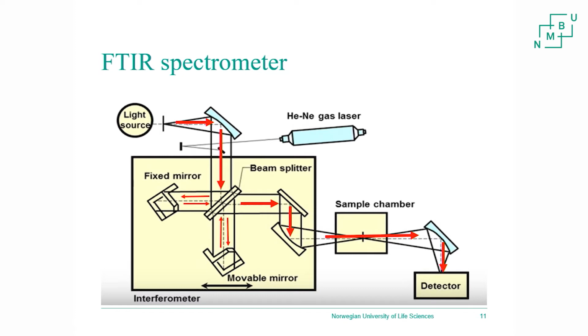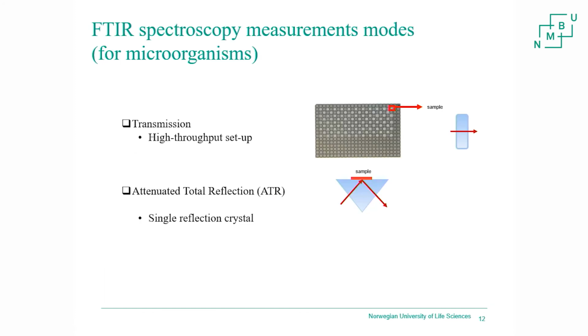There are two types of measurement modes in FTIR spectroscopy which we apply in microbiology: transmission and attenuated total reflectance. On the slide here you see a high throughput FTIR silicon plate, which is filled with samples. In the transmission mode, the light is transmitted through the sample.